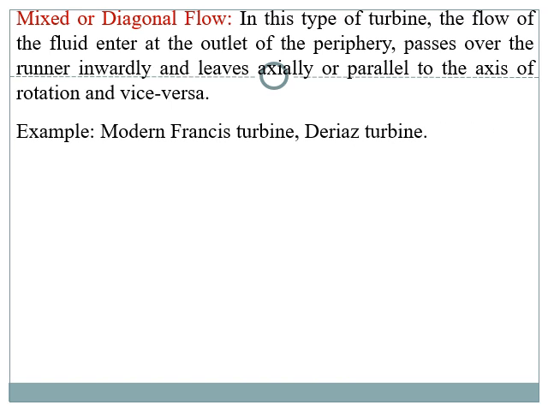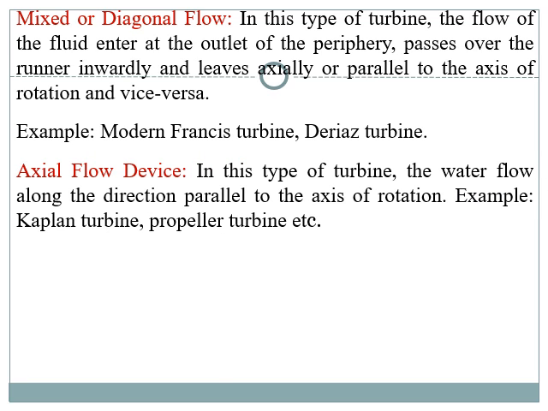The examples for such types of turbines are the modern Francis turbine as well as the Deriaz turbine. Next one is the axial flow turbine. In this type of turbine, the water flows along the direction parallel to the axis of rotation. So here both inlet as well as exit take place along the same axis of rotation.